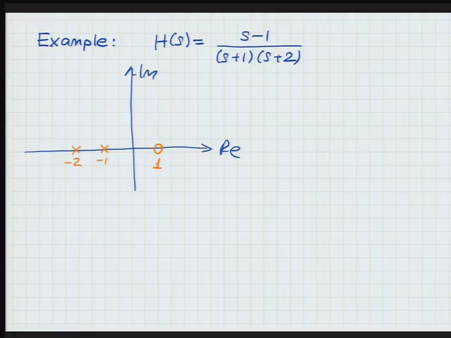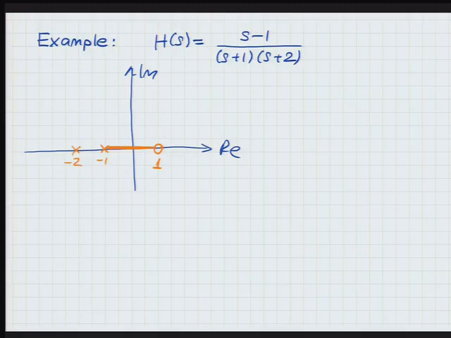That's one of the principles. Another principle that we just discussed is that the part of the real axis where you have an odd number of poles and zeros to your right is on the root locus. So can you tell me which segments of the real axis are going to be on the root locus? Anywhere between this pole and this 0, right?